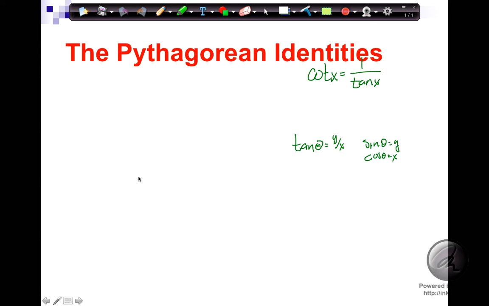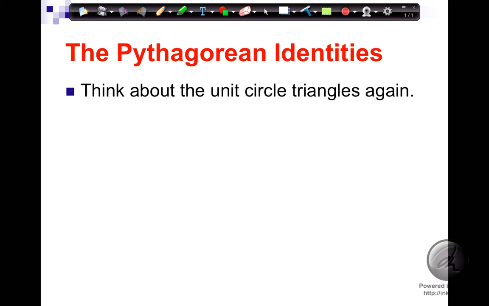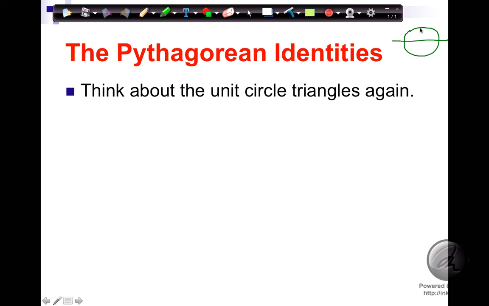All right, so the first really, really big one would be what's called the Pythagorean identities. And you will think about the idea of the Pythagorean theorem. So we know that leg squared plus leg squared is equal to hypotenuse squared. If you think about your unit circle, and if you were to draw any triangle in there, every triangle has a right angle that we were dealing with in the last chapter.